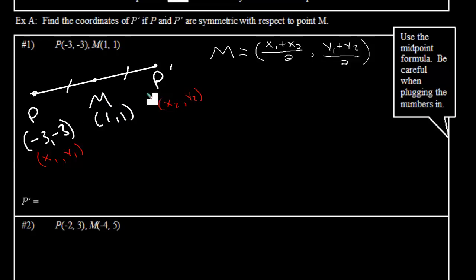When it comes time to substitute, we know what the midpoint is. It's 1, 1. X sub 1, we know that's -3. X sub 2, we don't know, is what we're trying to figure out. We don't know what the x value is for P prime. Y sub 1 is -3. Y sub 2, we don't know.